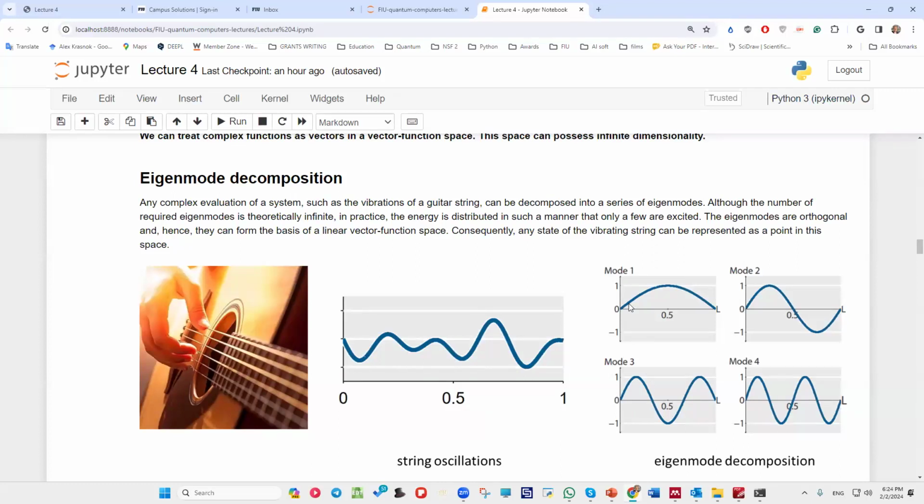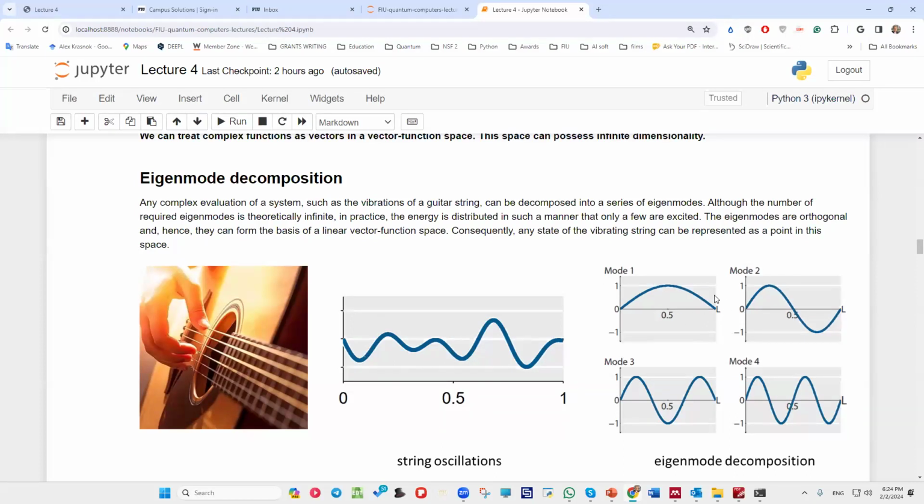Let's say another example, antenna. If you drive a current in the antenna, you get some current distribution over the antenna. And this current distribution can be represented as a linear combination of eigenmodes of the antenna. The eigenmodes will be very different.